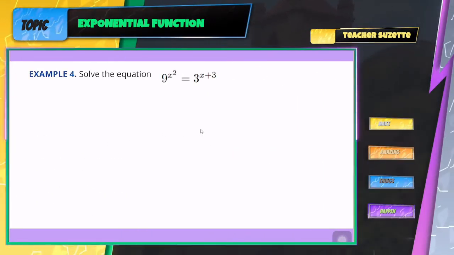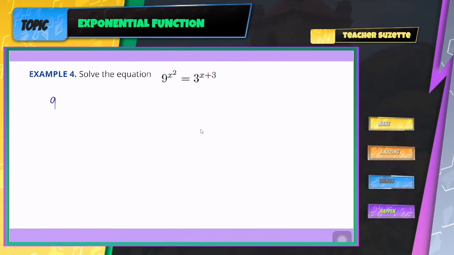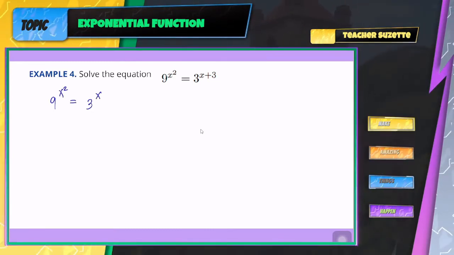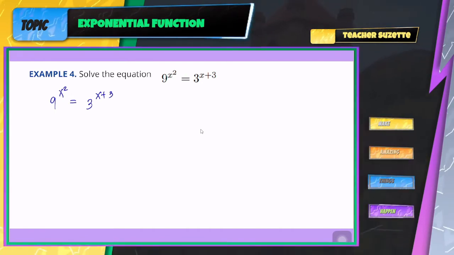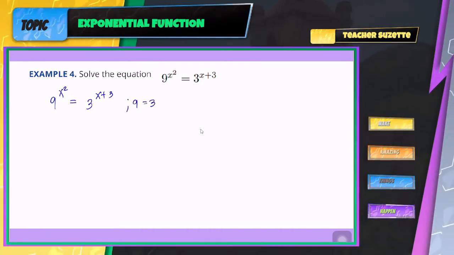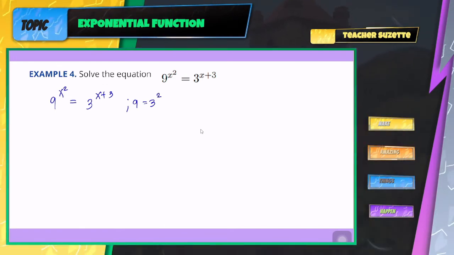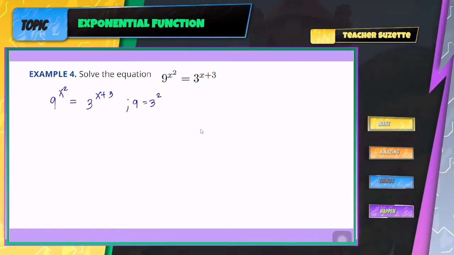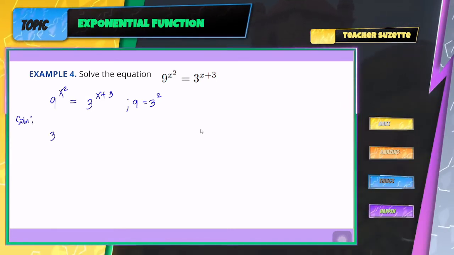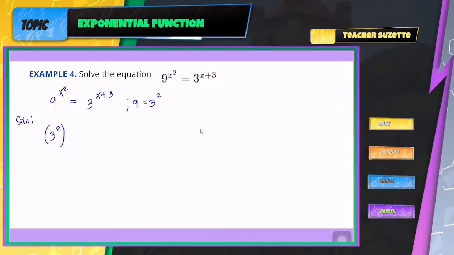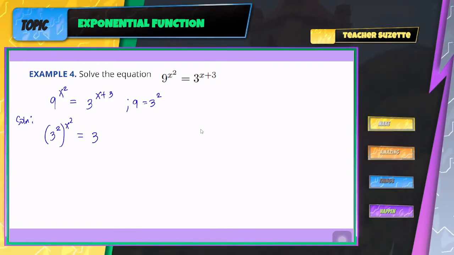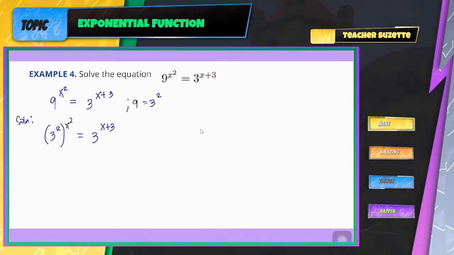For our example number 4, you have 9 raised to x squared equal to 3 raised to x plus 3. So, alam naman natin na ang 9 can be expressed as 3 raised to 2. So, ganun na lang din po, automatic natin, solution. We'll have 3 raised to 2, raised to x squared, equal to 3 raised to x plus 3.